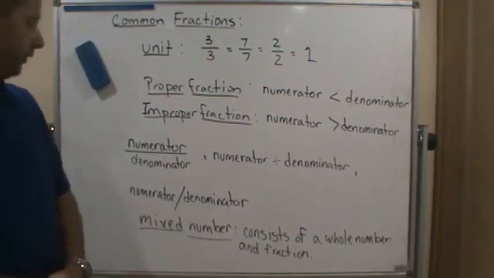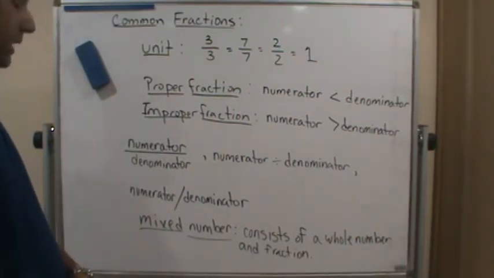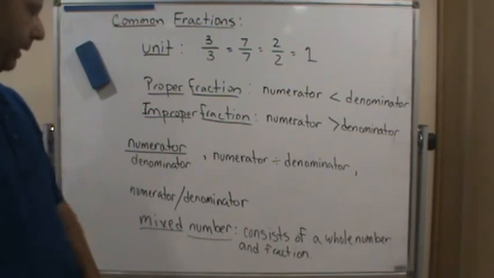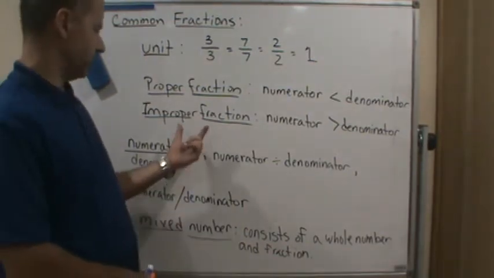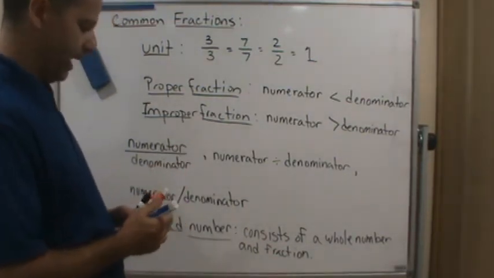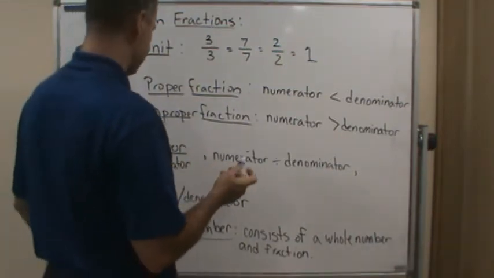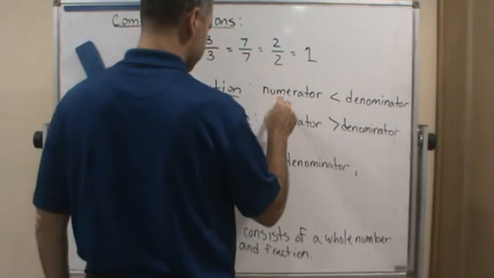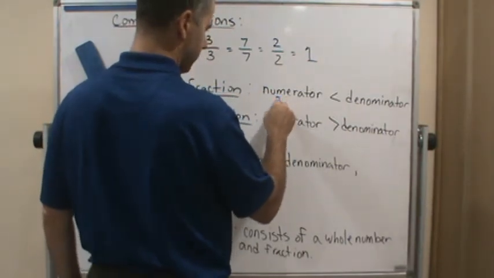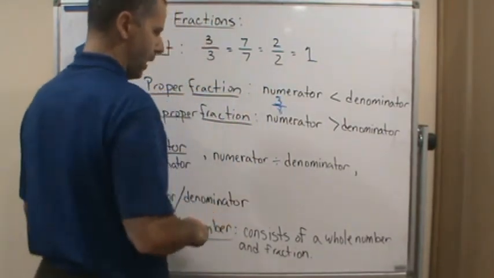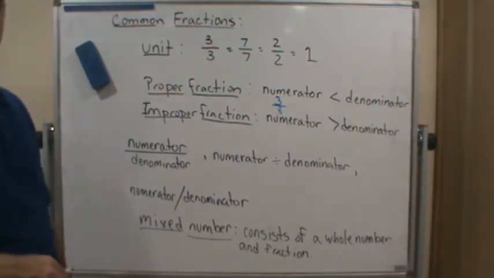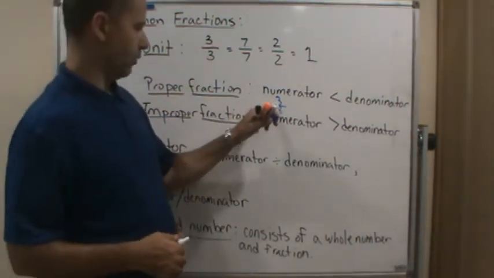Another thing to remember is this idea of a mixed number. Improper fractions can be written as a mixed number. First, look at proper fractions. For example, 3/8 is a proper fraction, so it tells us it's less than 1 unit.